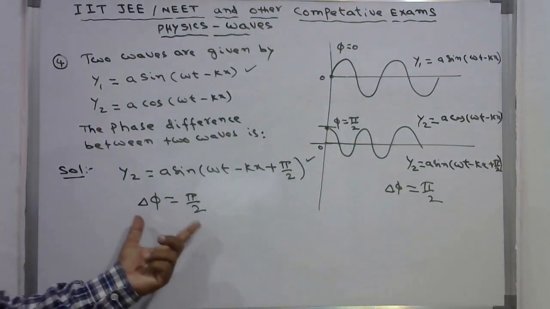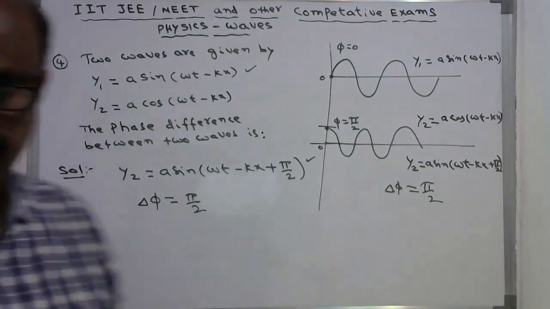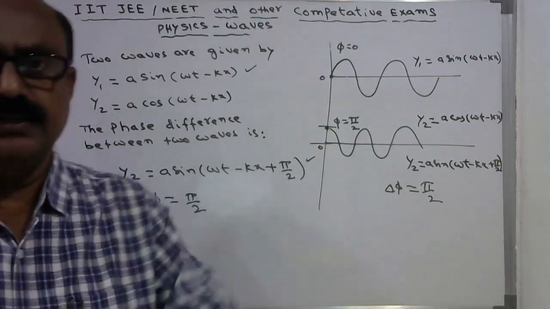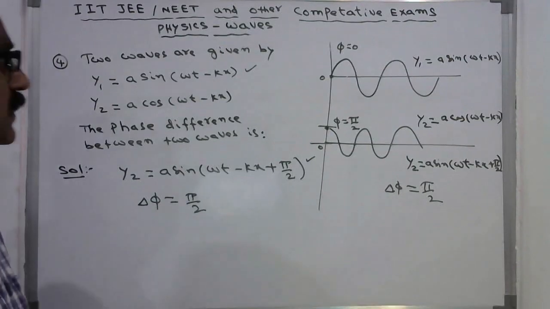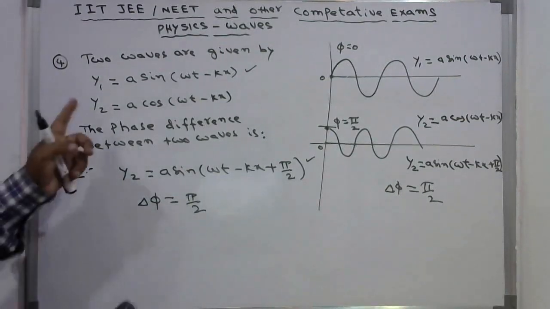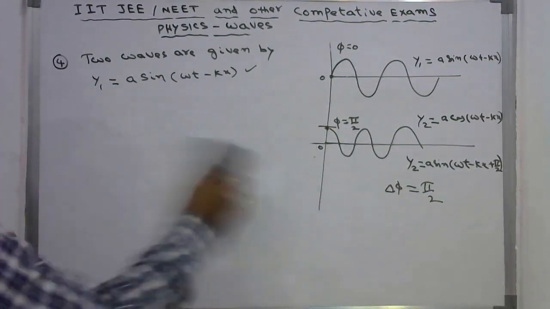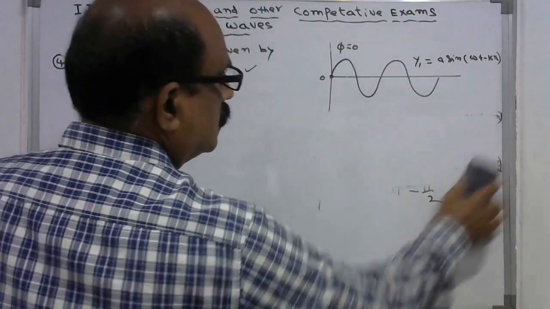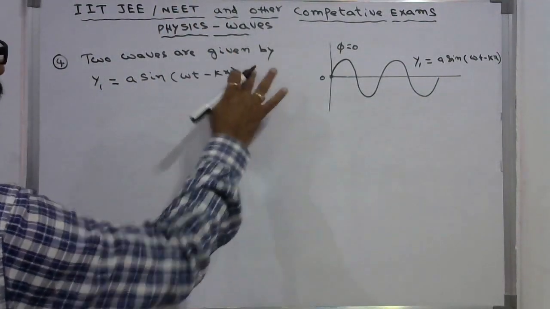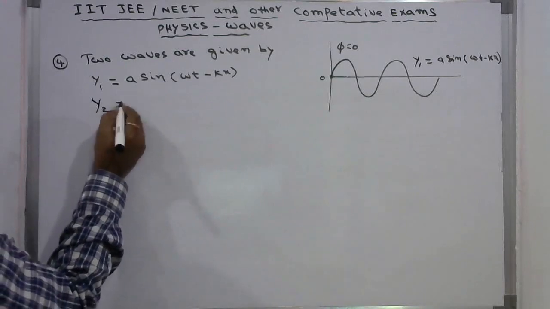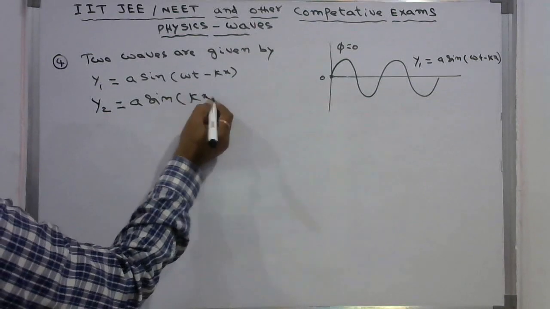And this is the way in which you have to solve the problem. Suppose in this problem I would like to make a little modification. Instead of y1 is equal to a sin(omega t minus kx), there is another wave given like this, a sin(kx minus omega t).